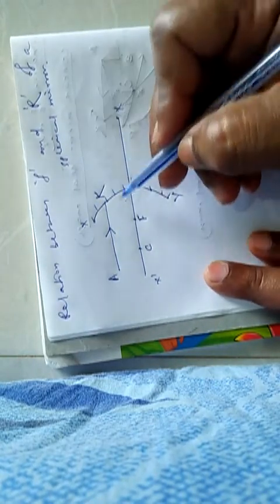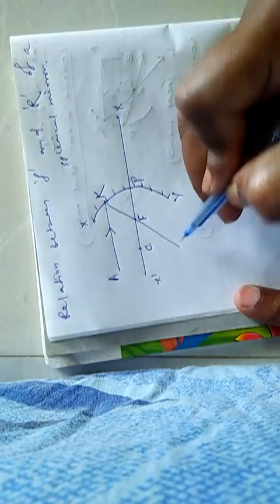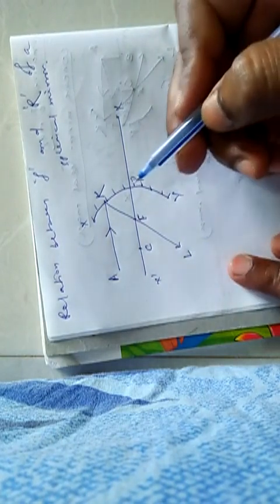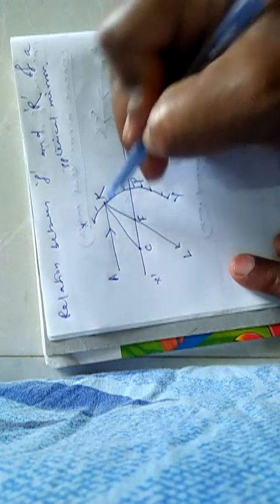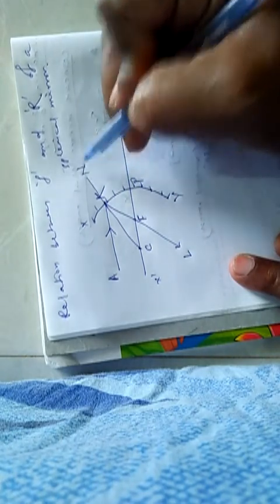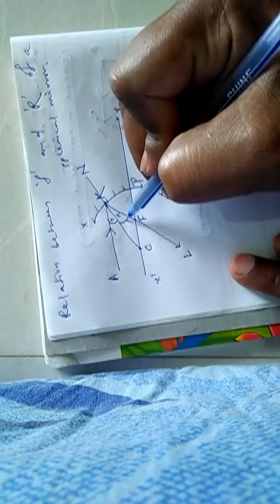AK is a ray parallel to principal axis. After reflection it will pass through focus. This is normal. Angle of incidence I, this angle of reflection R.